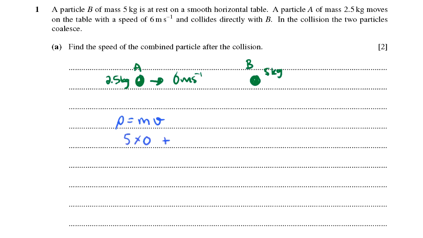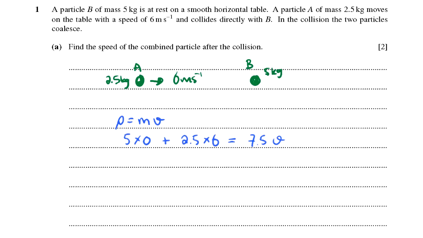That's its momentum, plus the momentum of A, which is 2.5 times 6, is going to equal the momentum afterwards. Afterwards, the two masses combine, and so the 5 kilograms merges with the 2.5 kilograms and becomes 7.5 kilograms. And we want to find out what the velocity is, and that's the equation we solve.